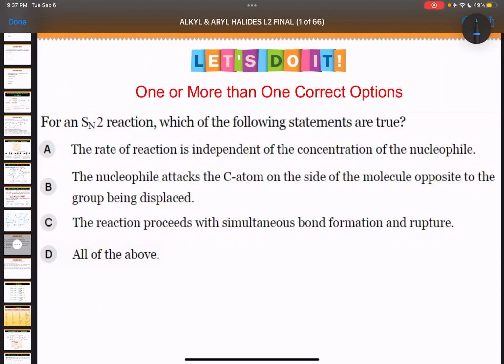B and C. Rate of reaction is independent of the concentration of nucleophile: that's not true. Nucleophile attacks the carbon atom on the side of the molecule opposite to the group being displaced: that's correct. A reaction proceeds with simultaneous bond breaking and forming: that is also correct. So B and C are correct.